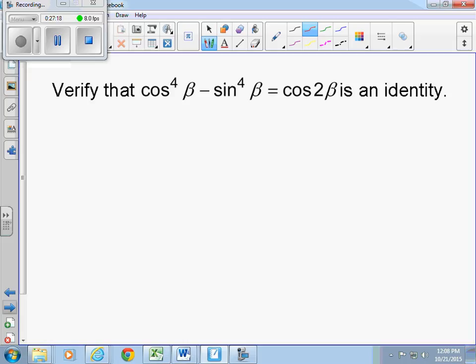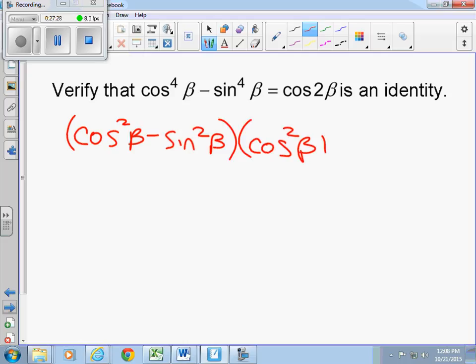You can factor it. It's the difference of perfect squares. Cosine squared of theta minus sine squared of theta factors into cosine theta minus sine theta times cosine theta plus sine theta. Then cosine squared plus sine squared equals 1, and we get cosine 2 theta.